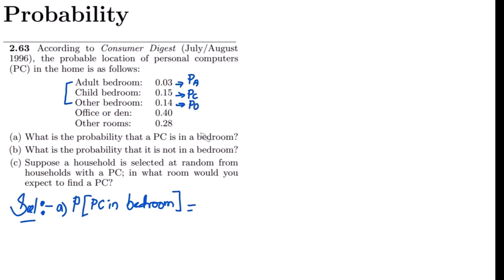So these are for the bedrooms, and here we have these probabilities. And what do I have to do? I have to find the probability that the PC would be in adult's bedroom, or in child's bedroom, or in others bedroom. Okay, so here the formula for it will remain the same, but here you have to keep in your mind what will happen in these formulas.